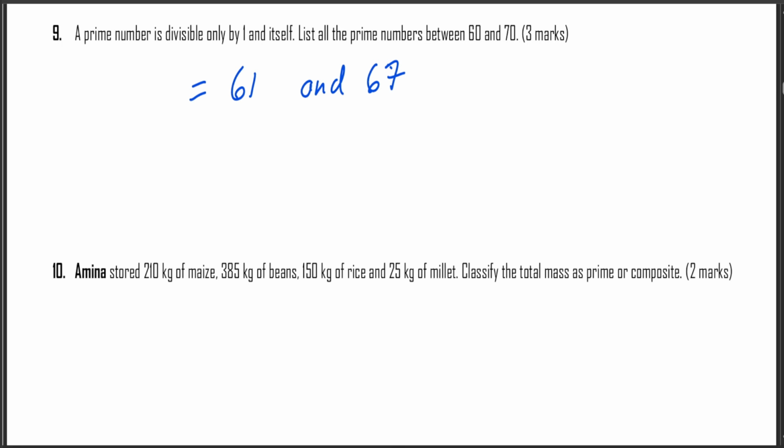61 is a prime number. 62 is not, because you can divide by 2. 63 also is not a prime number.